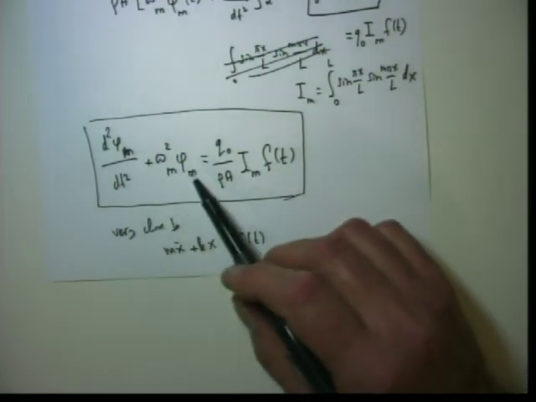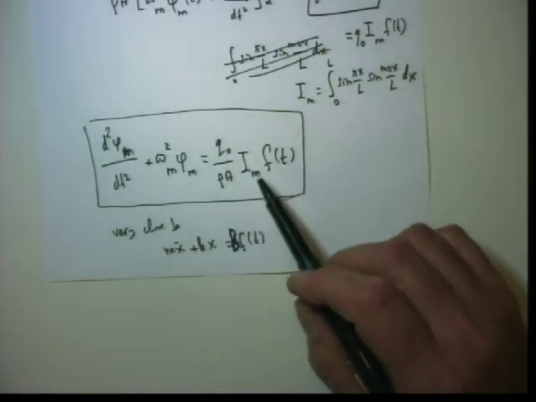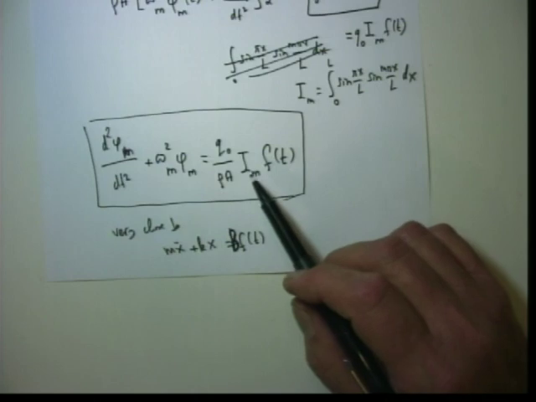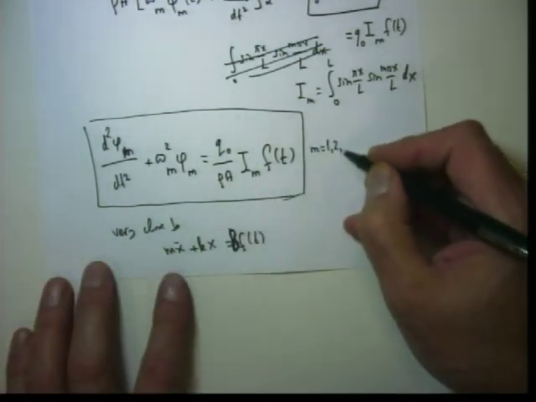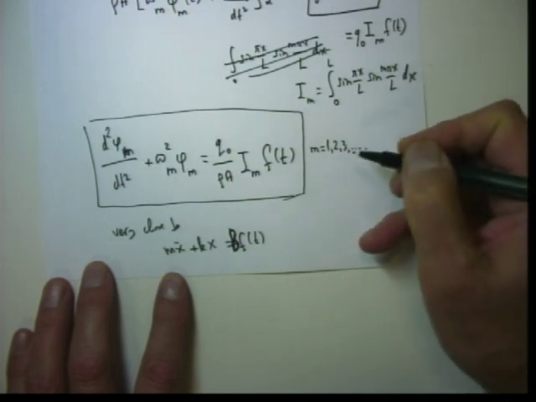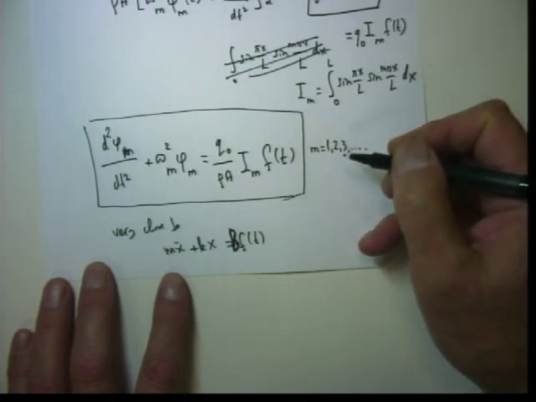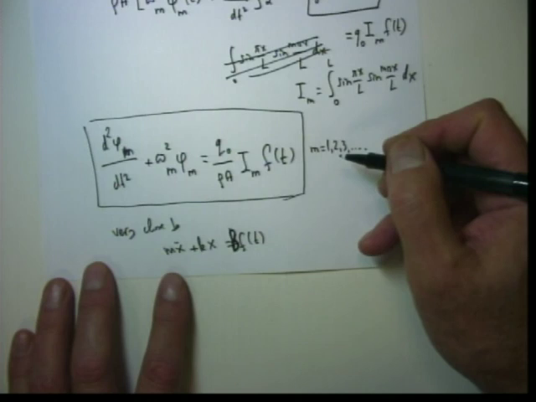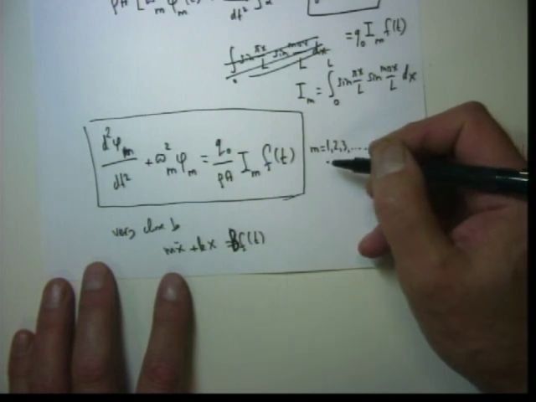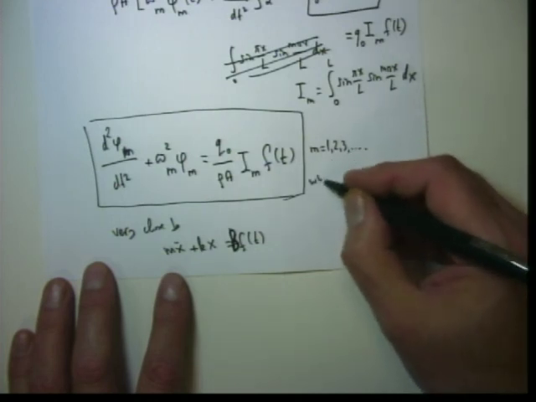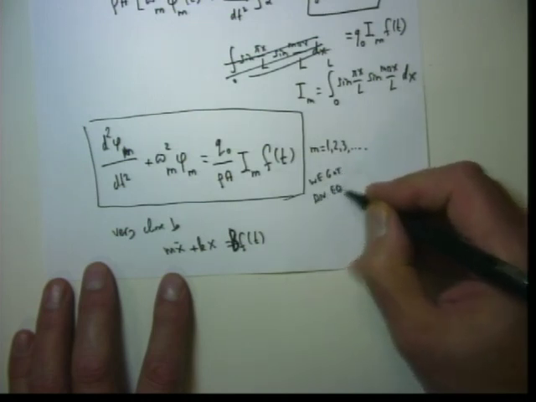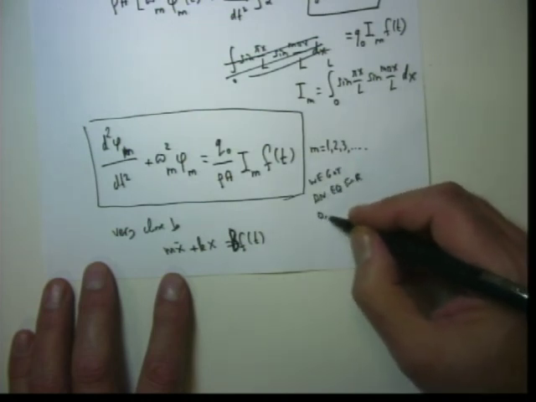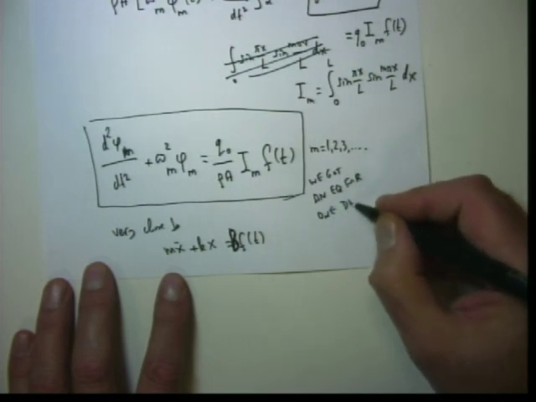So there is this function plus this. Here m is an arbitrary number. M is 1, 2, 3, etc. So what we got is an equation for a 1 degree of freedom system.